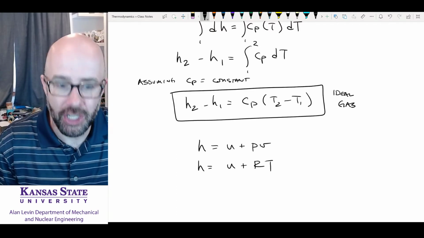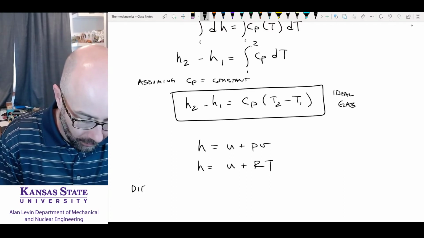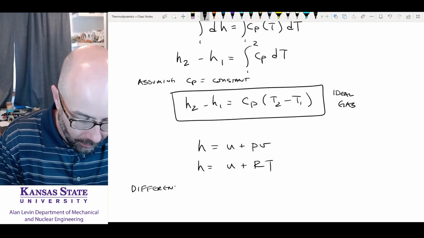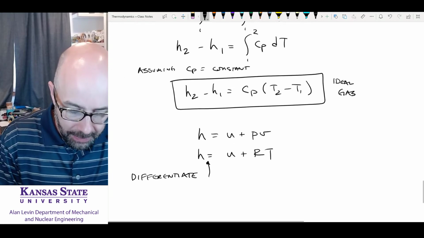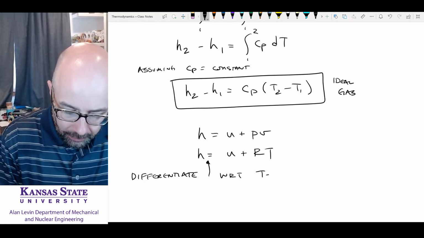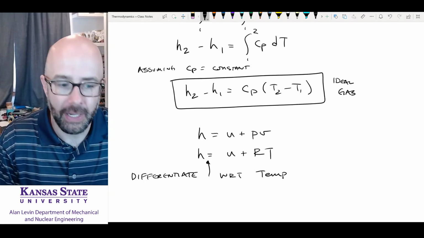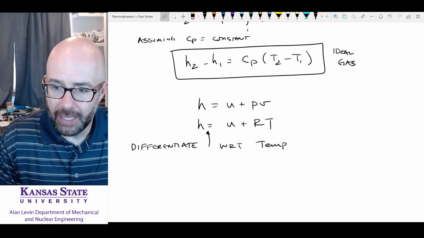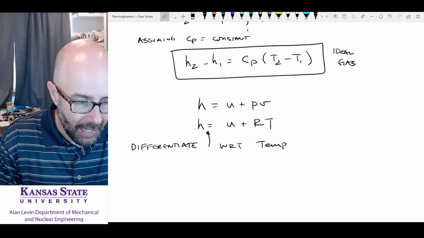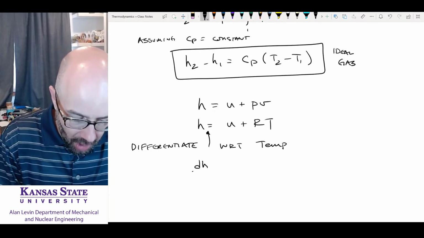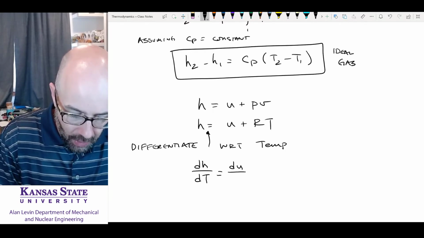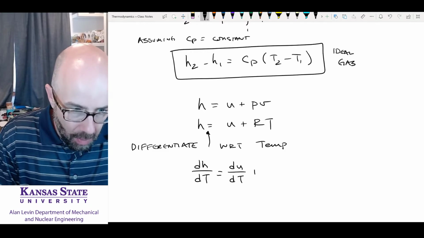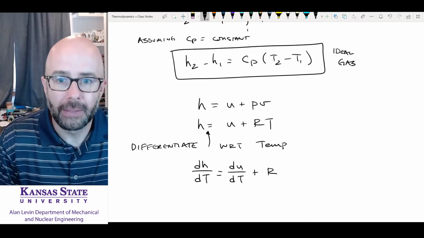Let's differentiate this equation with respect to temperature. Okay, what are we going to get? We are going to get here that dH over dT is equal to dU over dT plus R.